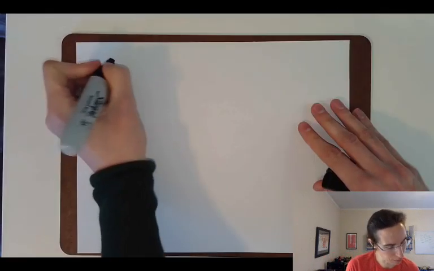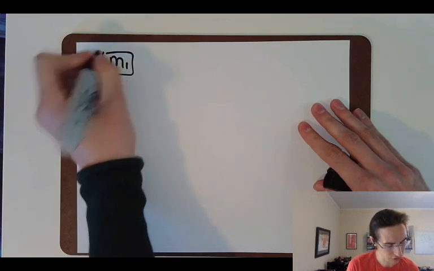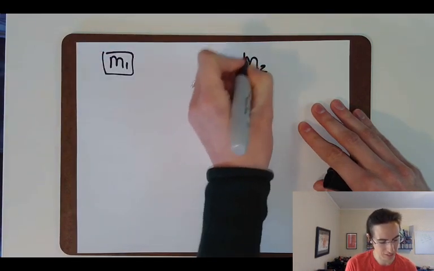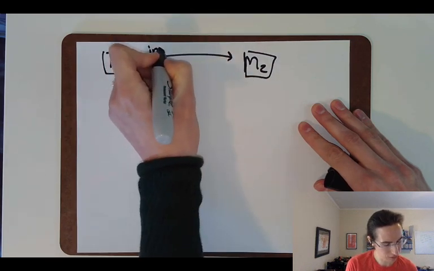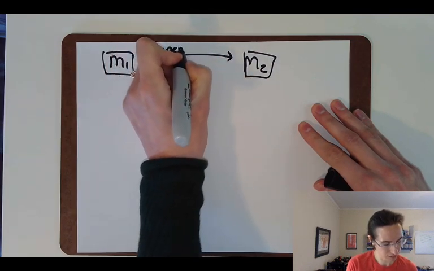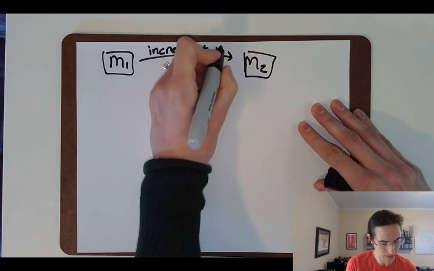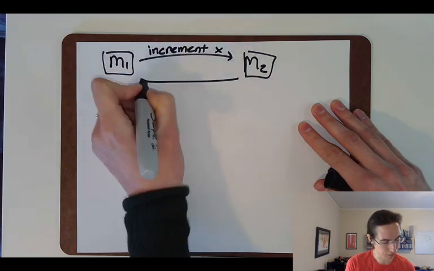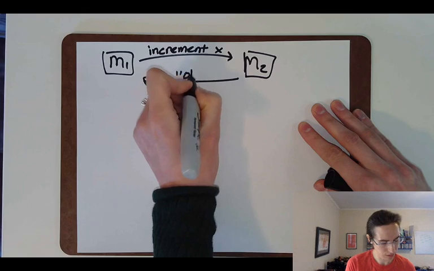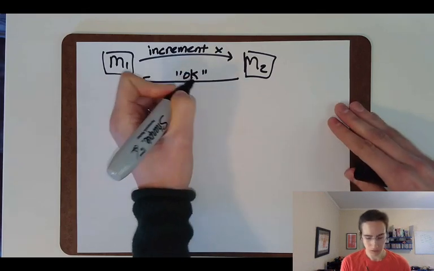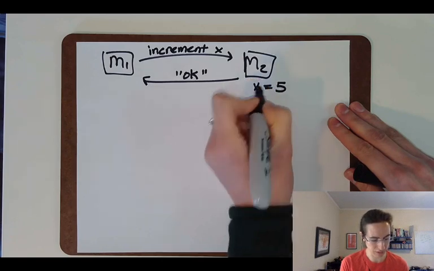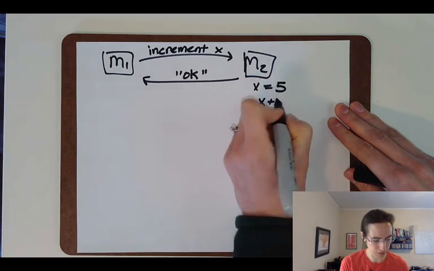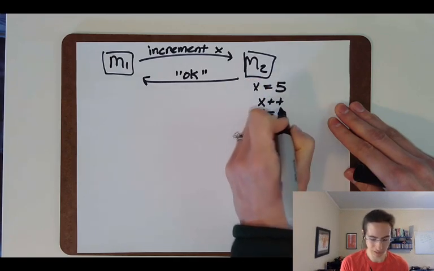What if M1 actually caused a side effect on M2? Let's say the message was like increment x, and then the response from M2 was okay. So if M2 originally had x set to 5, and then this increment occurred, now x is 6.